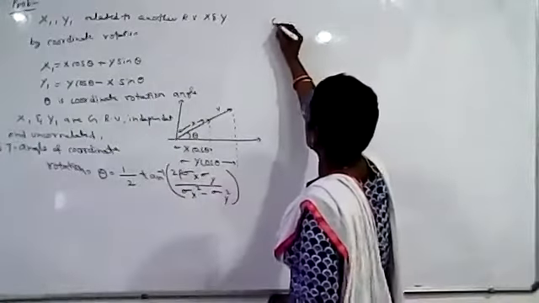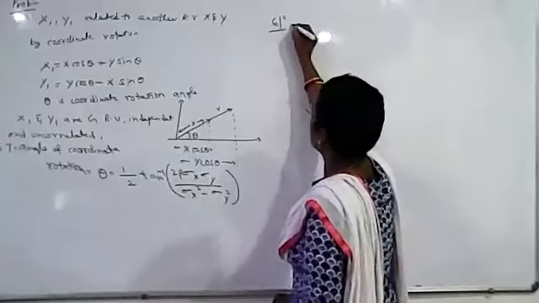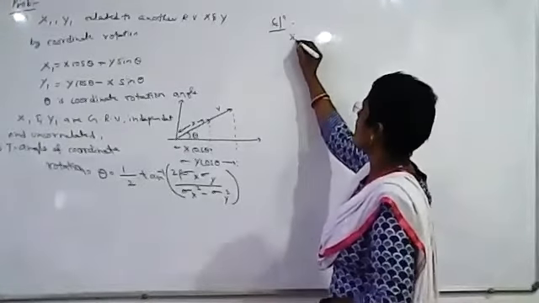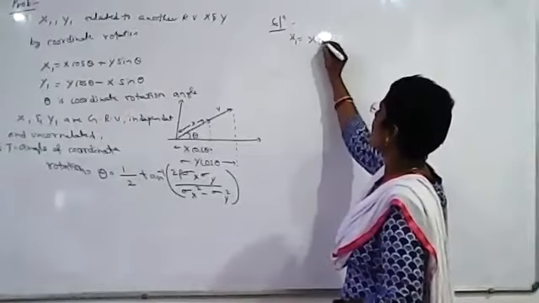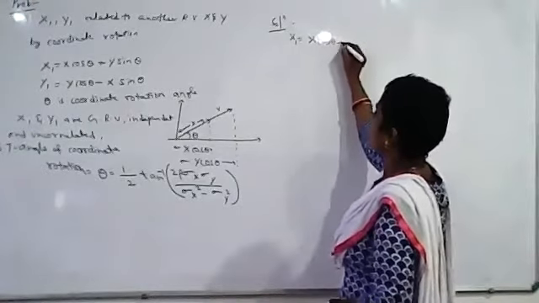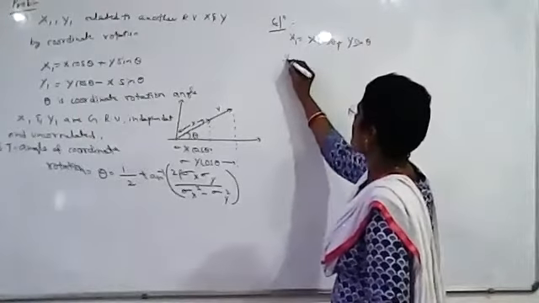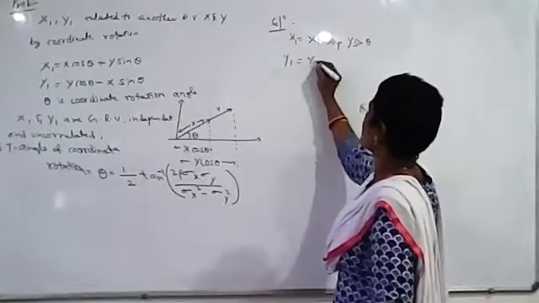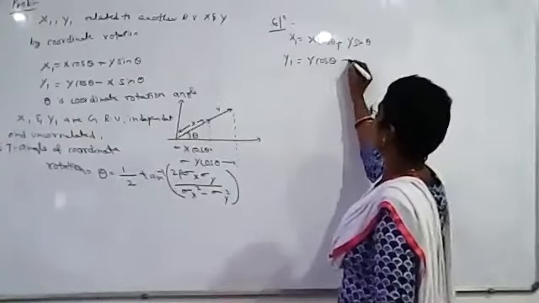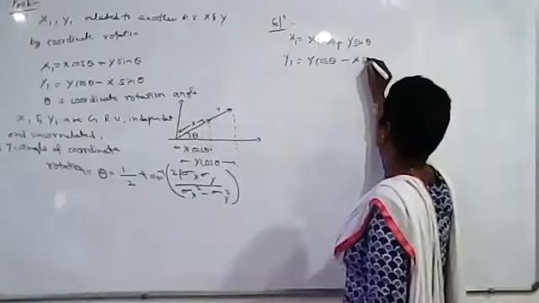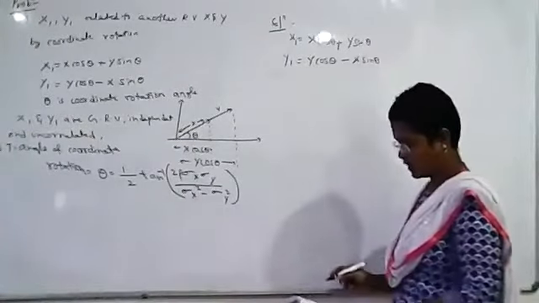So the solution here: what is given? The random variable x1 is equal to x cos theta plus y sin theta, whereas y1 is equal to y cos theta minus x sin theta. Okay.